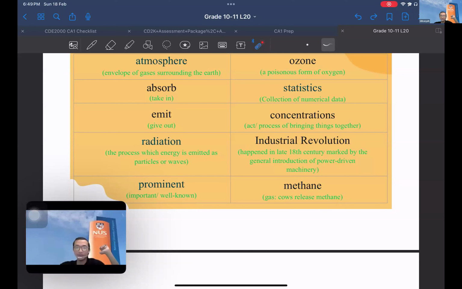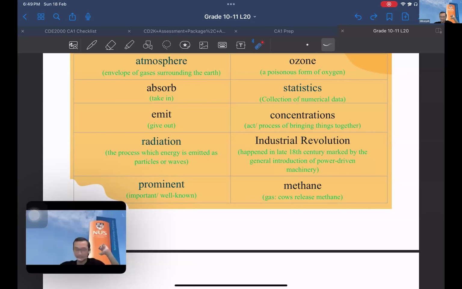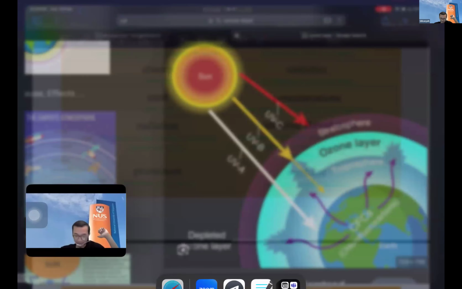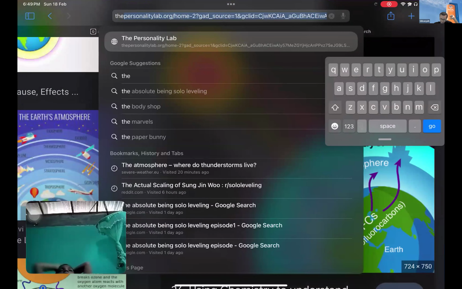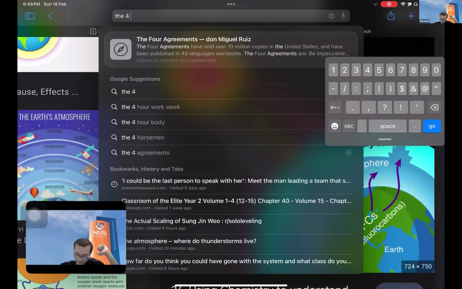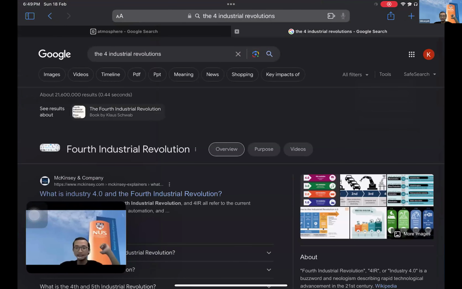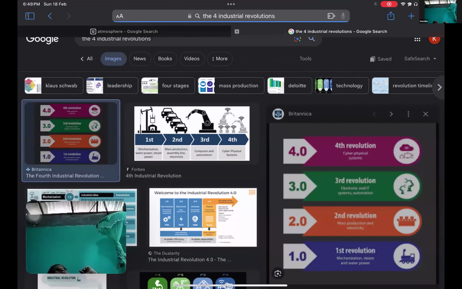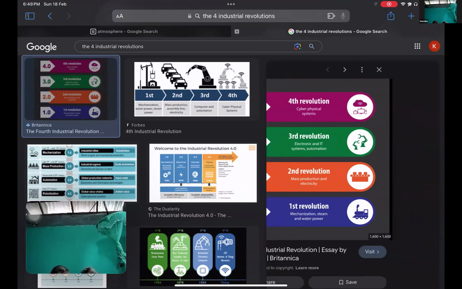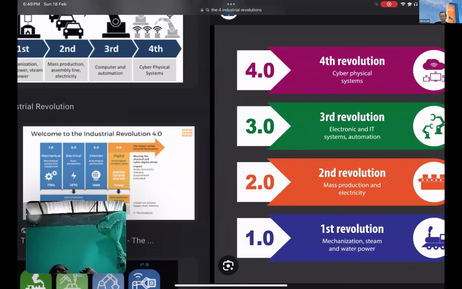Yeah, there are 4 main revolutions. Yes, oh my god, yes, you're right. The second industrial revolution is a very interesting topic. The second one is mass production with electricity.